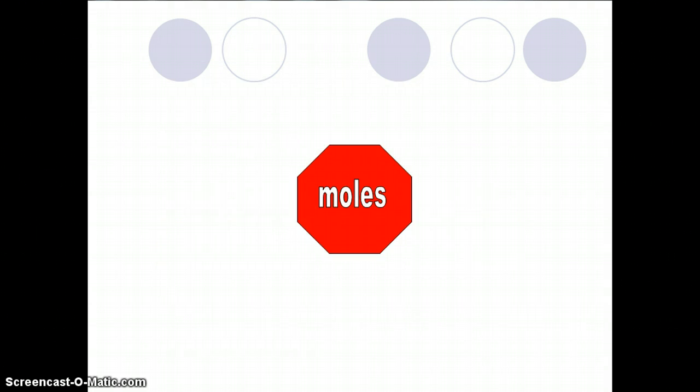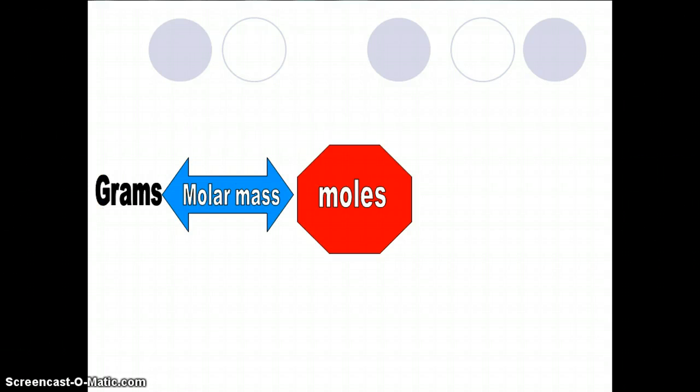So we're going to take a look at what is called a mole map. And this is really just to show you how the moles are really the center of everything here. So remember that we can convert from grams to moles, and that is by using our molar mass. We can convert from grams to moles or back to grams.